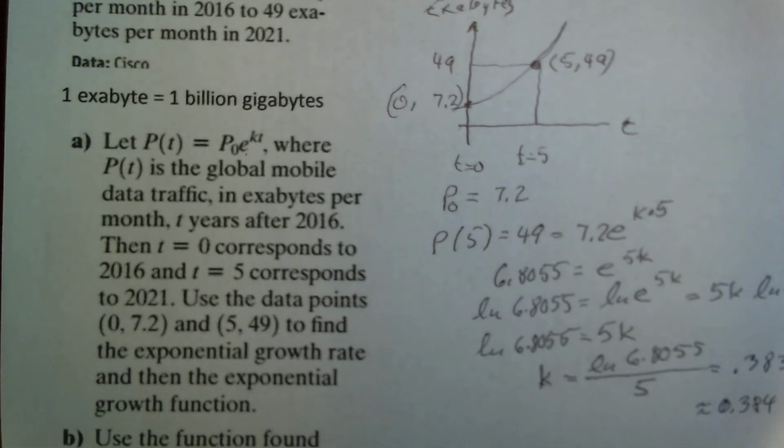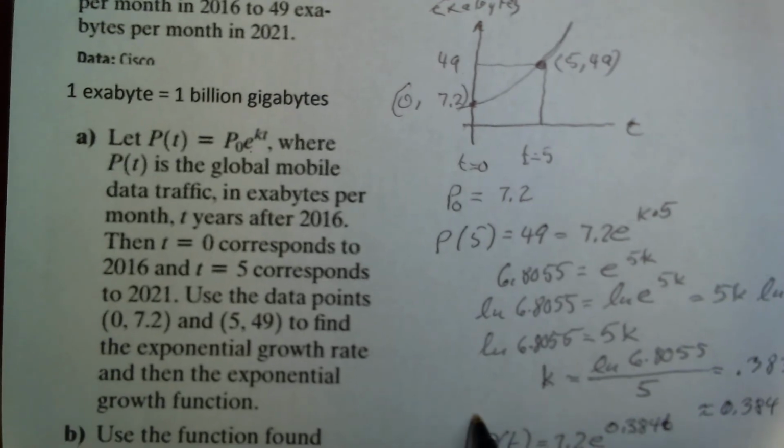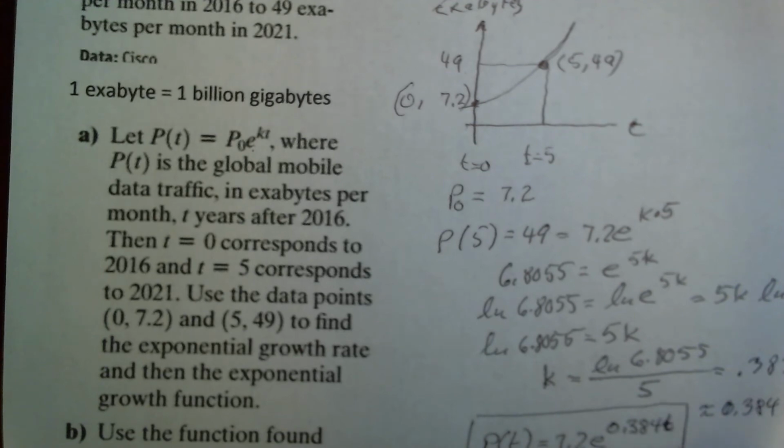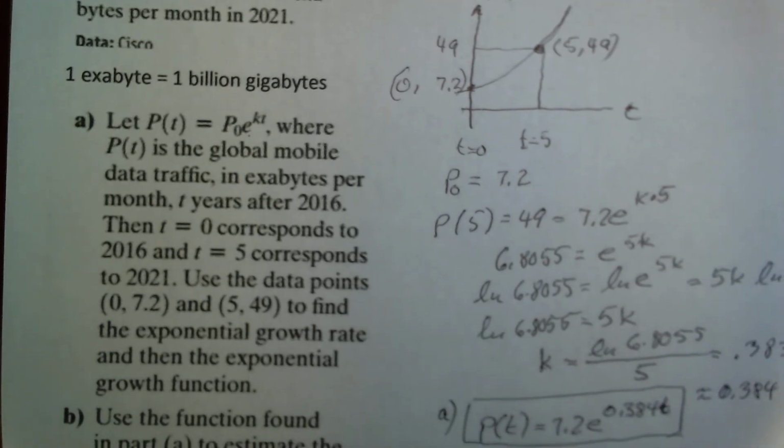So then the growth function is P of t equals 7.2 e to the 0.384 times t. So this is the answer for part A.